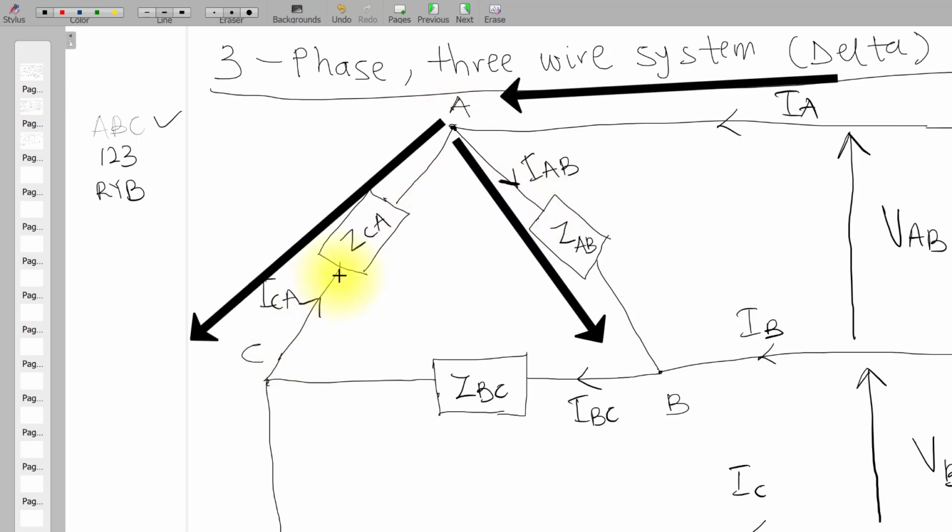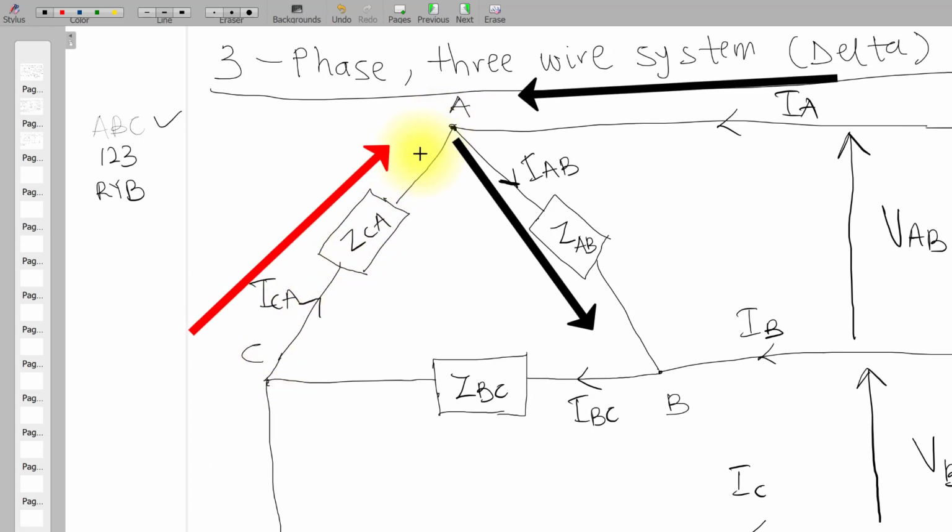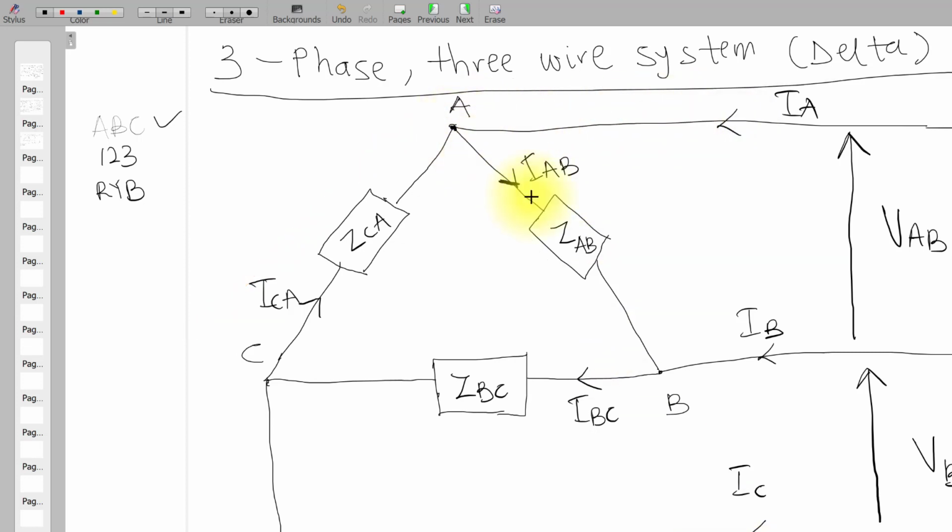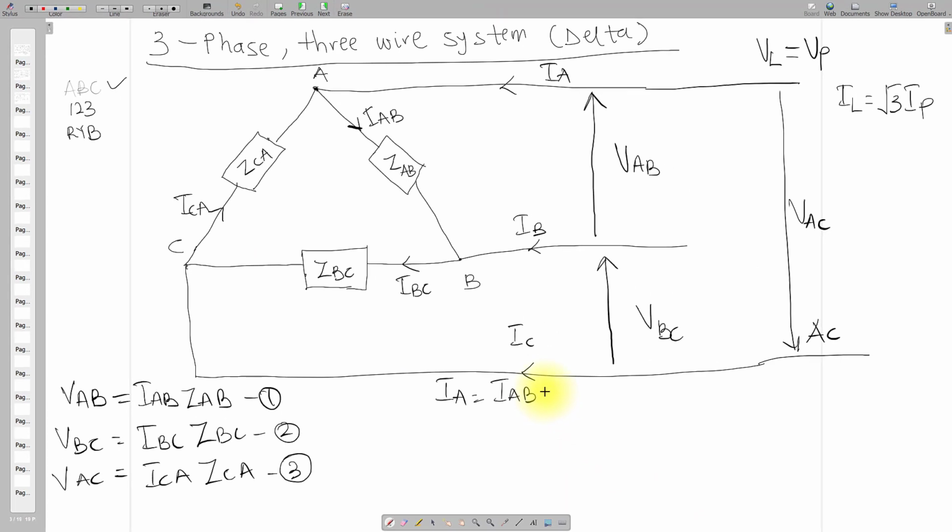But the direction of ICA is opposing the normal flow, which should go down. So IA should be equal to IAB minus ICA. ICA is negative because of the direction: under normal circumstances, when IA gets here it should go this way and that way, but it is coming this way.